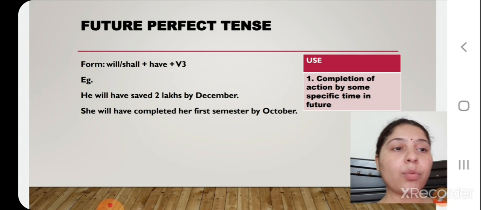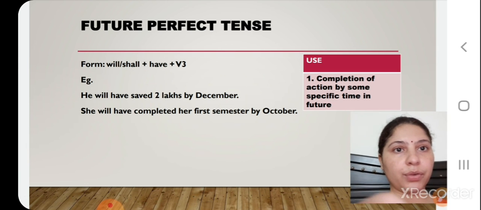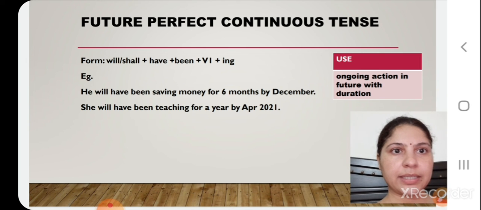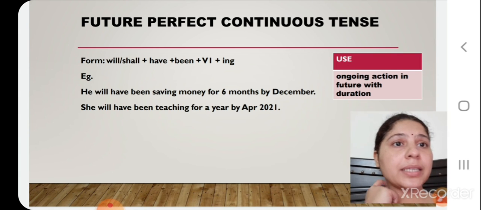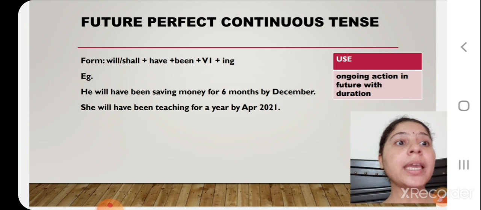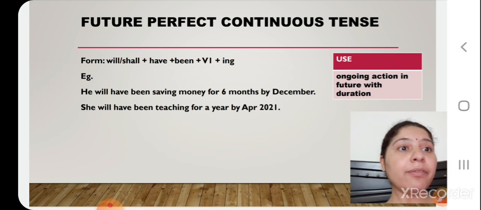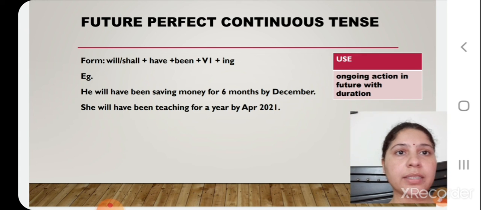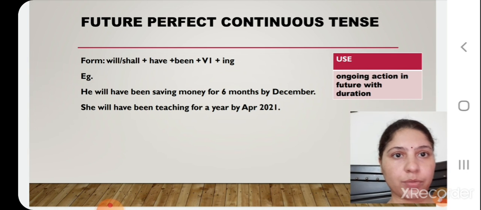But right now we think that this work will be over by that time in future. Future perfect continuous tense is similar to future perfect tense again, but it only means that this action will be an ongoing one in future, and here we mention the duration also. So always remember, perfect continuous tense always tells you the duration, the time spent on that activity.